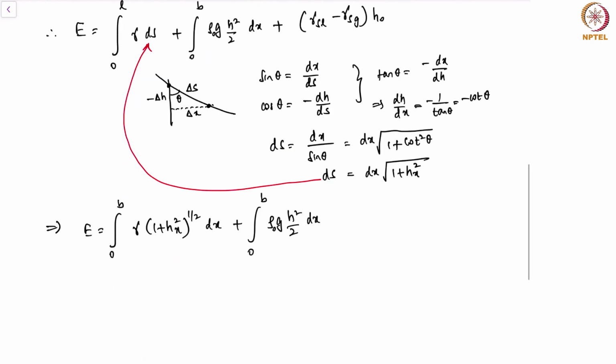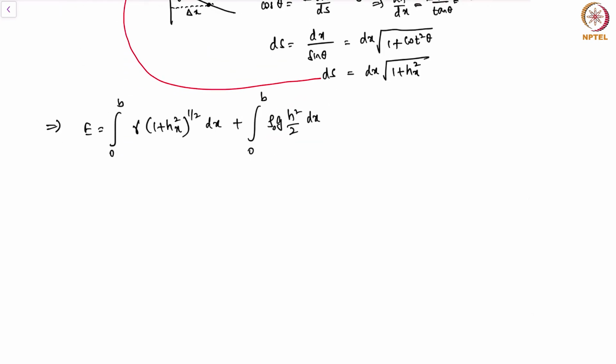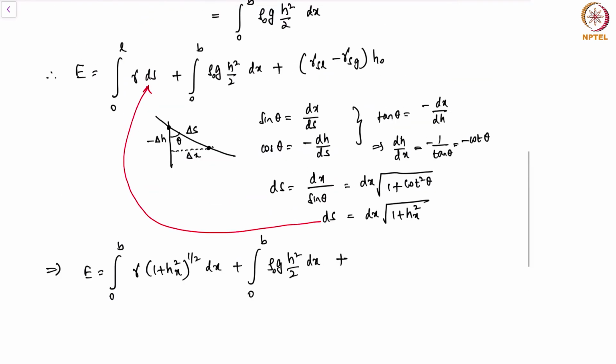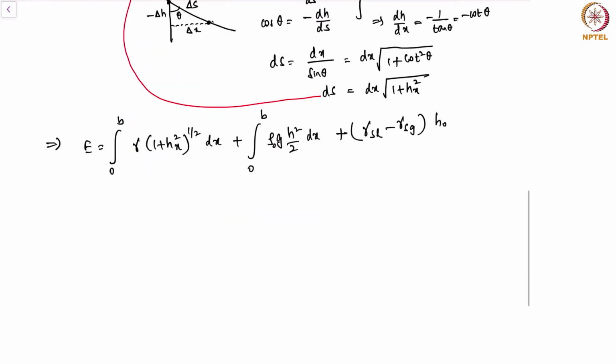That's the density, constant density. So this is what we have, plus we have the energy terms, the surface energy terms, gamma SL minus gamma SG times H naught, right?